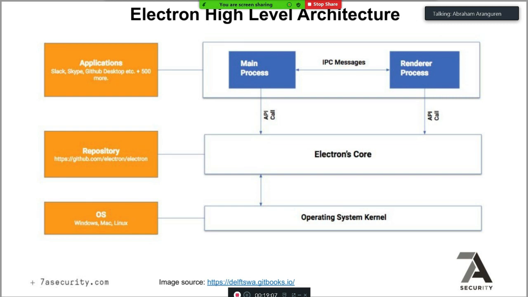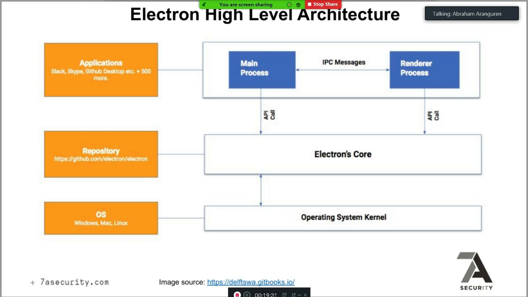So all of this overlaps. It's really about modern desktop applications, but because it's JavaScript, a lot of the techniques and concepts apply to other things. But in Electron specifically, you have the kernel right at the bottom. So you have Windows, Mac, or Linux and the operating system, and this does its own thing, file writing and all this.